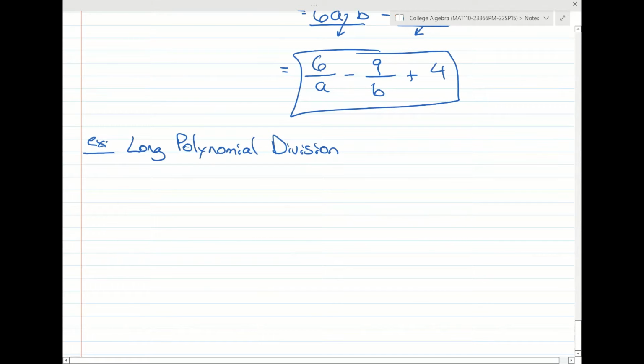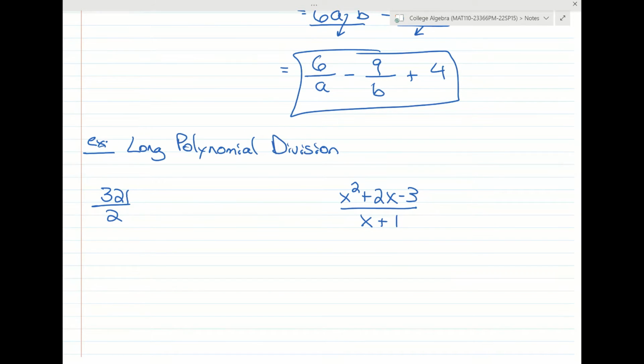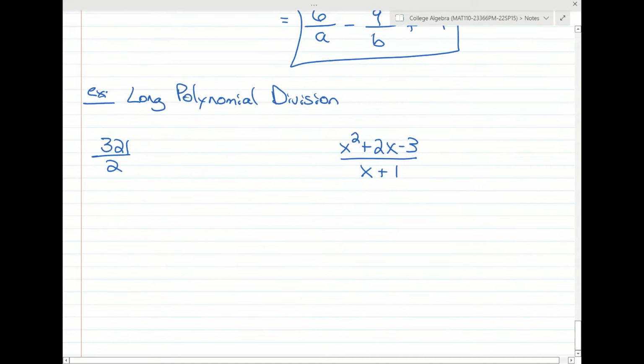So I'm going to show you an example like 321 divided by 2, and then a college algebra example, like x squared plus 2x minus 3 divided by x plus 1. I'll show you them side by side.